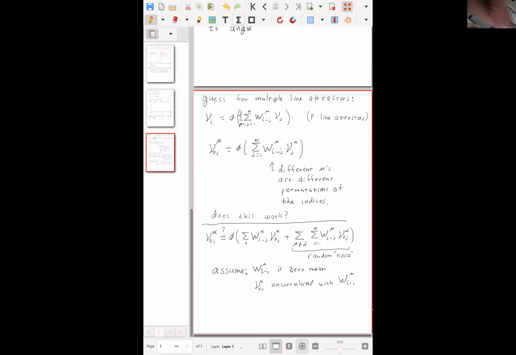That means in this sum here, we have P minus 1 times n terms, and they're all independent.